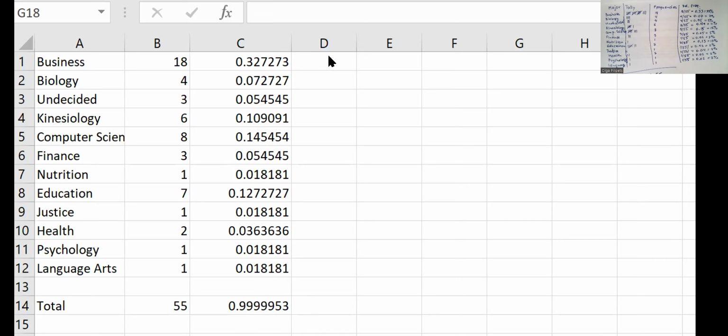Right? And if I wrote my percentages here, so 0.327273 would translate into 32.73% and so forth, and I would add all the percentages up, I would end up with 100% here. So that's the expectation. And if everything is done correctly, that's what should happen.